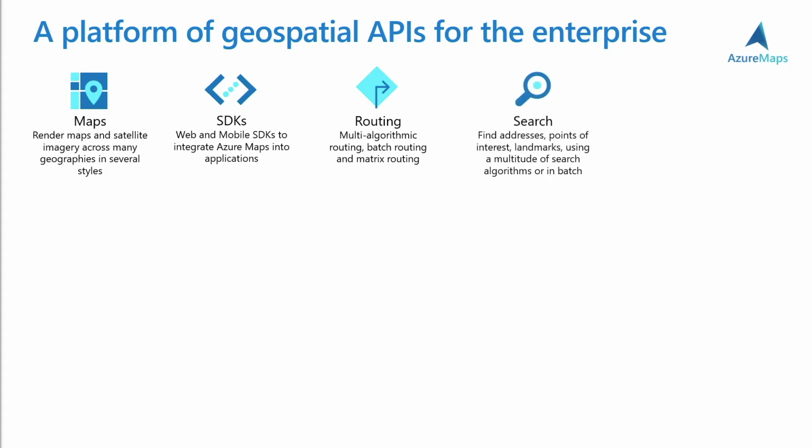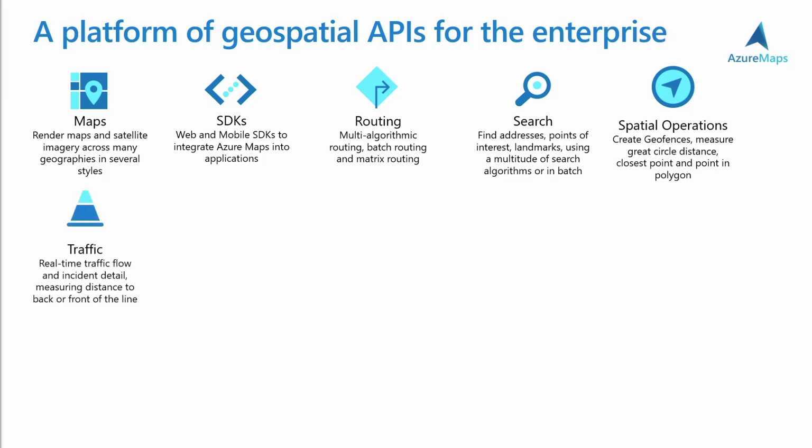Next, we have search. This service provides you find capabilities to look for address, point of interest, or just look for multiple addresses in a batch. We also have spatial operations to create your fencing, measuring distance between points, or even leverage polygon points.